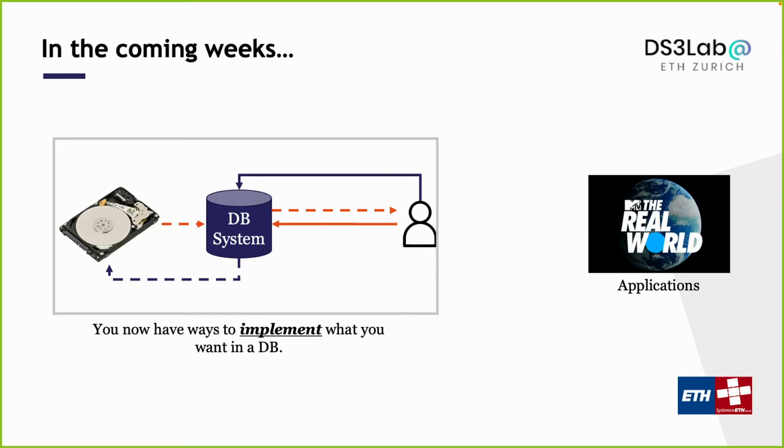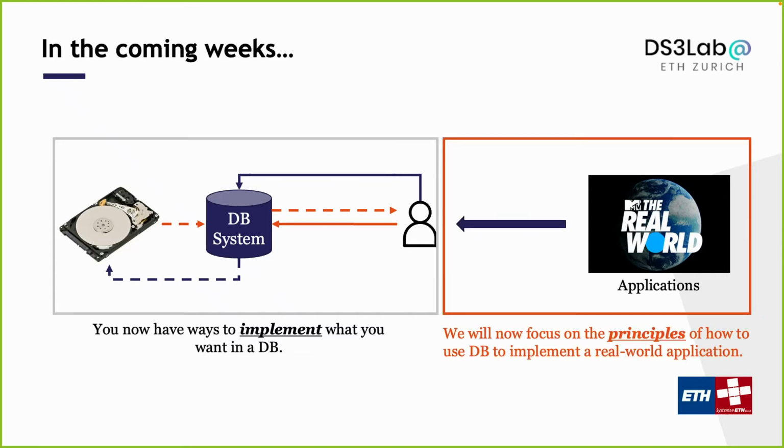You want to build the next generation of the banking system, for example. Whatever application you want to build, how can we think about it? And how can we derive the set of principles that we need to be careful about in how to use the database system to build any real-world application? And that is going to be the focus of what we are going to talk about in the next couple weeks.